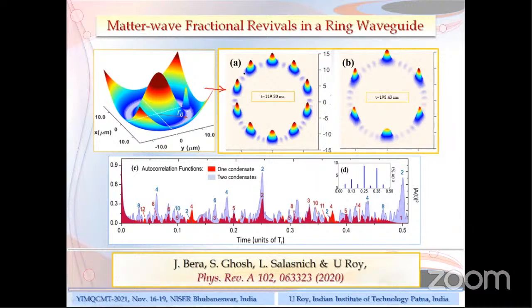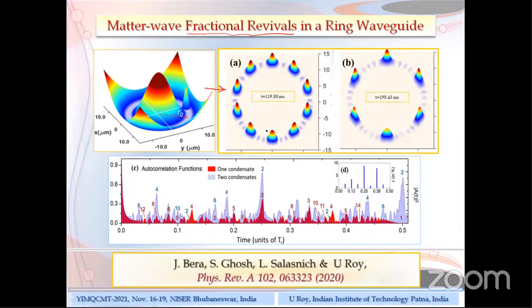So when all of them regain, they combine to form the initial condensate again. And this phenomenon is actually called fractional revival. It's a very well-studied phenomenon in molecular systems and other systems governed by nonlinear energy spectrum. But in ultra-cold atoms, this is the first time that we address this. We report that we can also have a fractional revival.